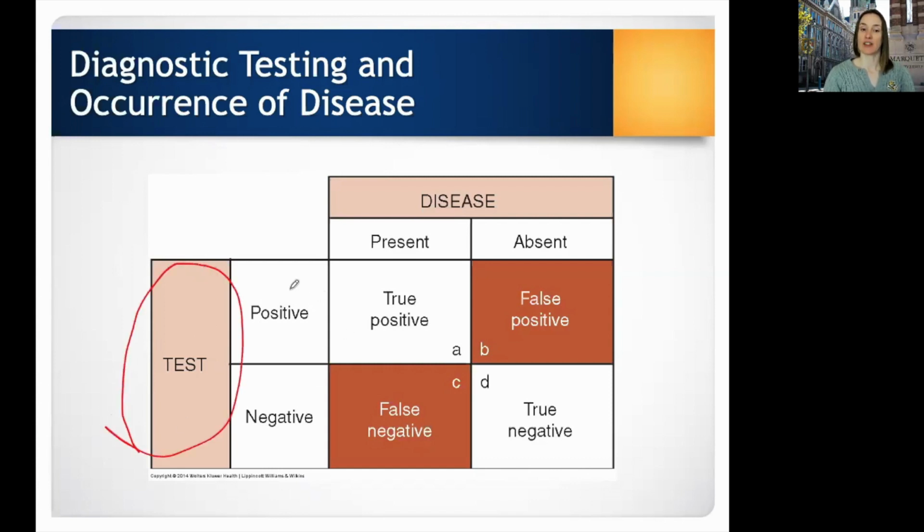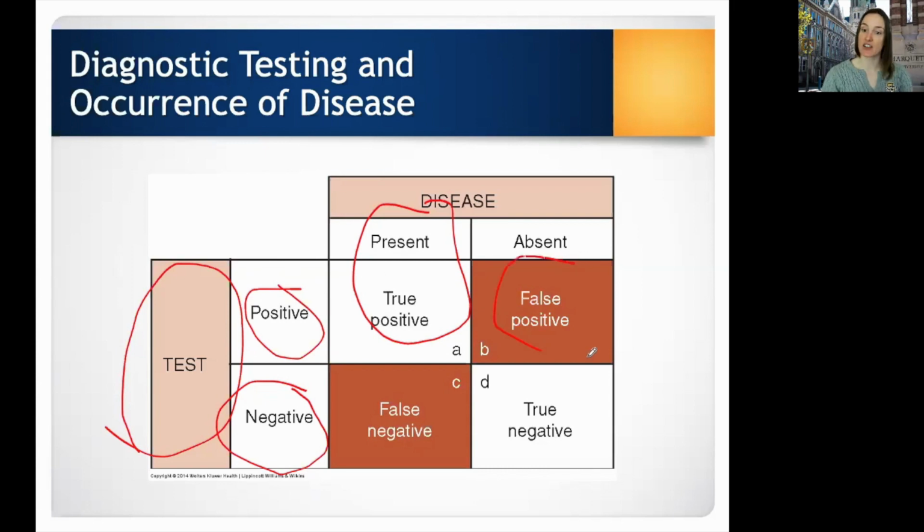And we can get either a positive result or a negative result. All right. So if our test comes back positive and it's accurate, they actually have the disease, it's present, we call that a true positive. Now, let's say their test came back as positive, but it was wrong.